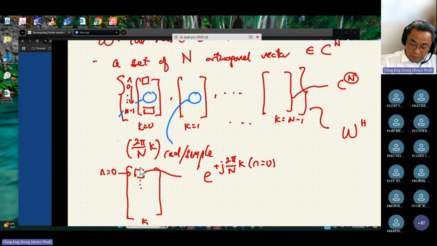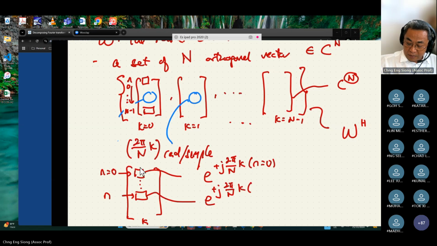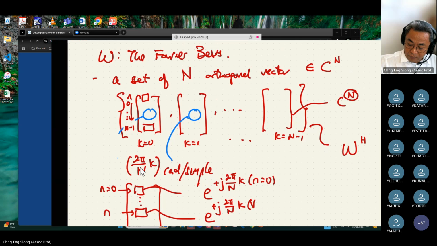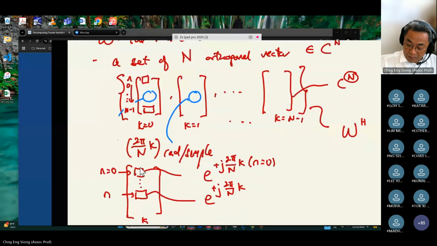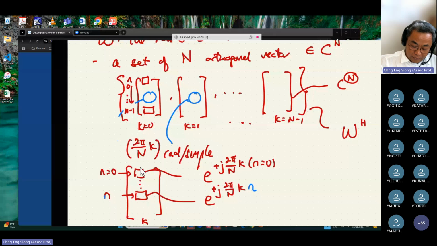And as I come down, this element is some n element. This guy is e^{j2π/N kn}, whatever n is. I call this the blue n, so this is the index n. I have the green k here.